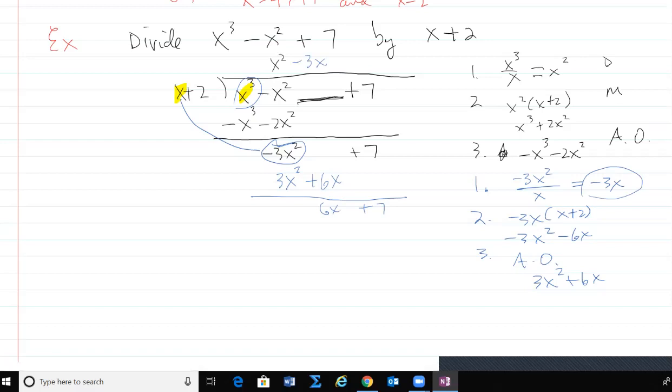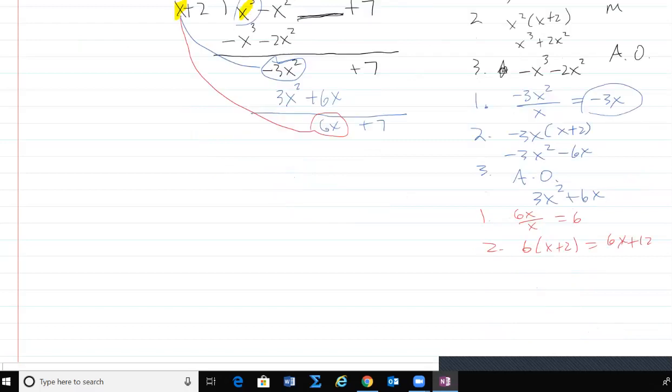Okay, we got one more division, looks like, the way this is going. So we will divide 6x by the x, which is a 6. We will multiply 6 times the x plus 2. That's a 6x plus 12. We will add opposite, AO. So we're going to have this thing.